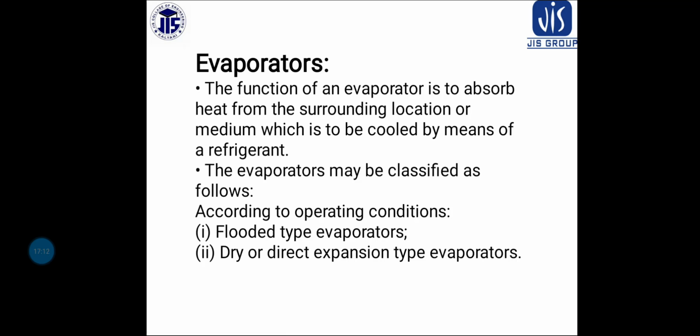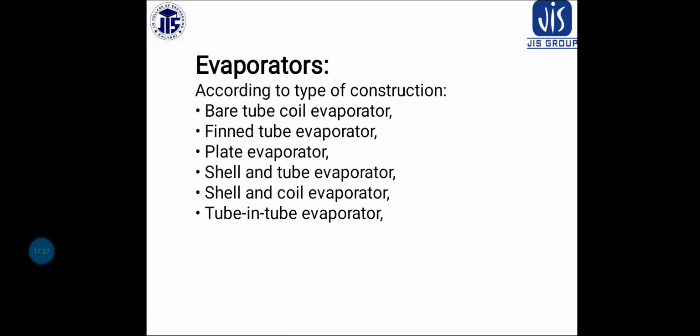On the basis of the operating condition, this is two types: flooded type evaporator and dry or direct expansion type evaporator. Okay, so let us discuss also according to the construction.